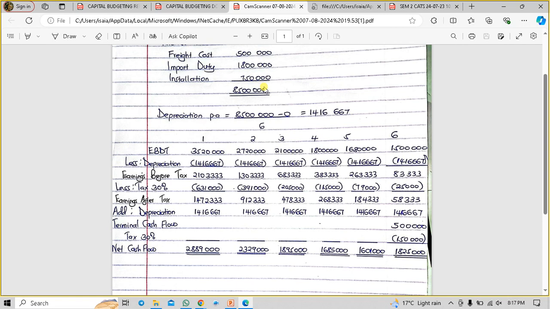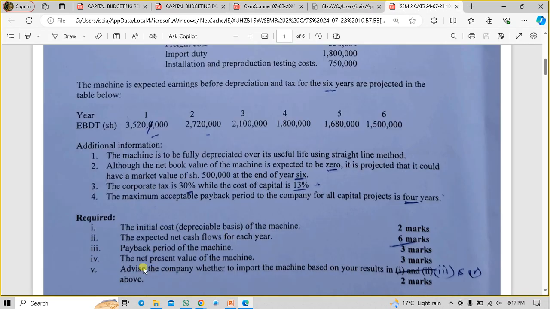Very correct. I'm also getting the same. Then what you do, that is how you calculate the net present value here. So the net present value of the machine is negative 27,102.